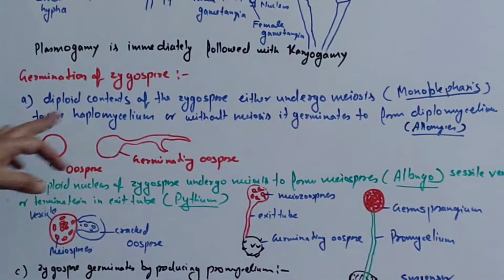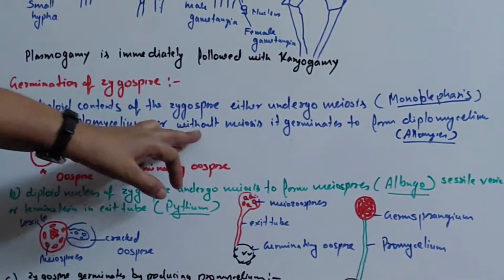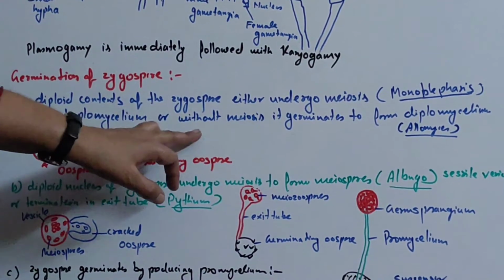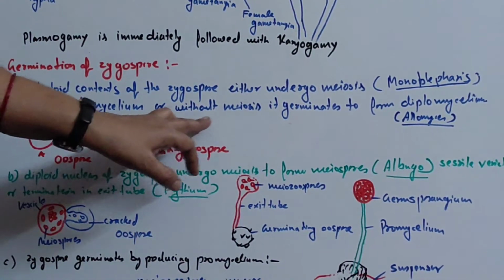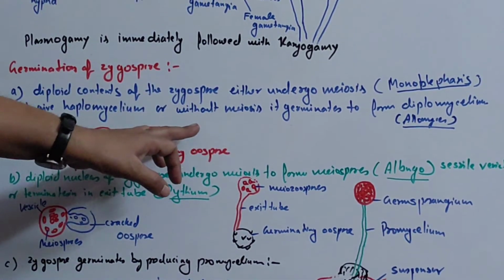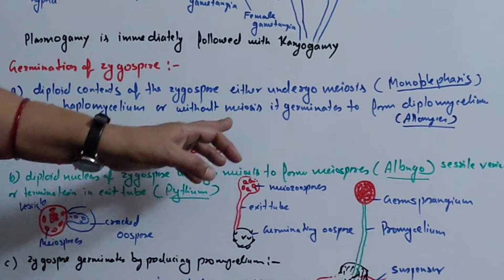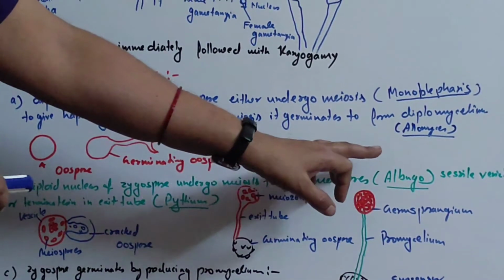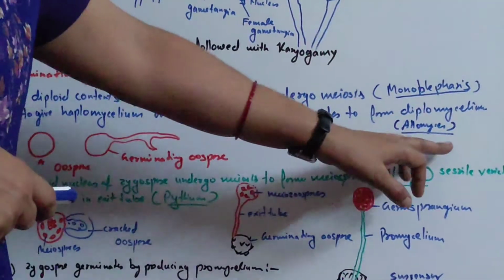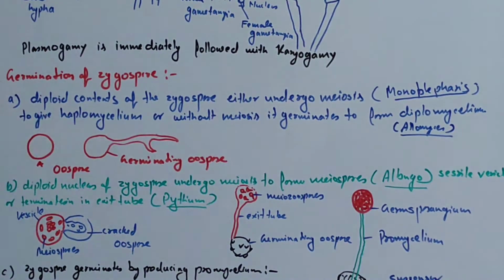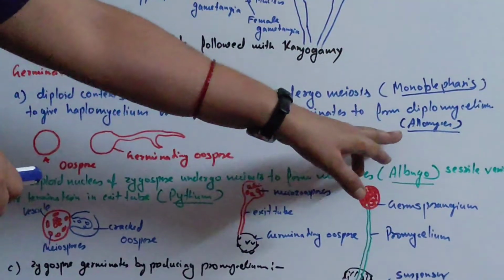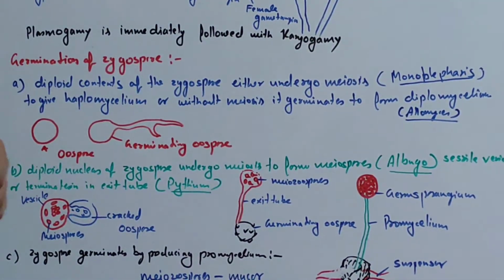This is the case of haplomycelium, when the zygospore germinates by meiotic division. In the second case, if the zygospore germinates without any meiosis, then the mycelium contains diploid nuclei, and in such cases a diplomycelium is produced. Diplomycelium is produced in Allomyces, for example.